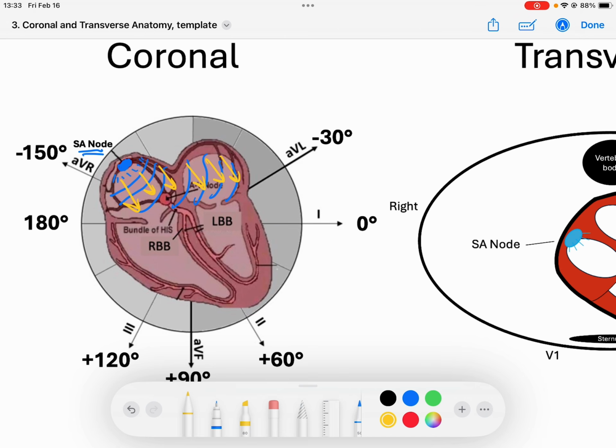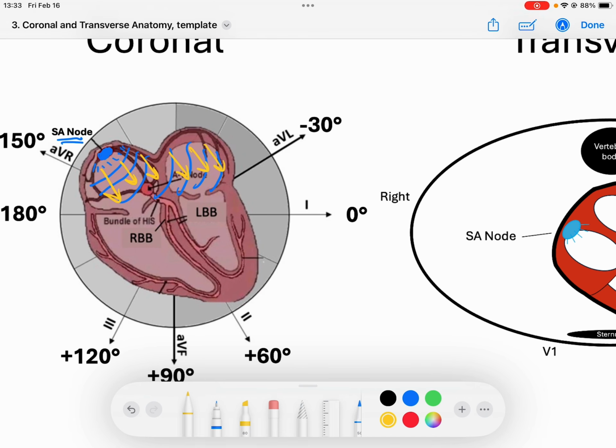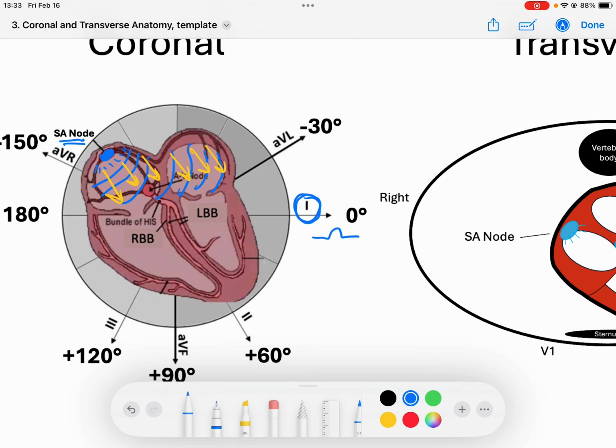And so I want to look at the leads that would explain to me that this atrial depolarization wave, because we know that this is creating a P wave, is going down to the left. And so I like to look at lead 1 because lead 1 is perfectly oriented to the left. Any signal that is traveling leftward will have an upright P wave, right? If it's atrial depolarization, we'll have an upright P wave in lead 1.